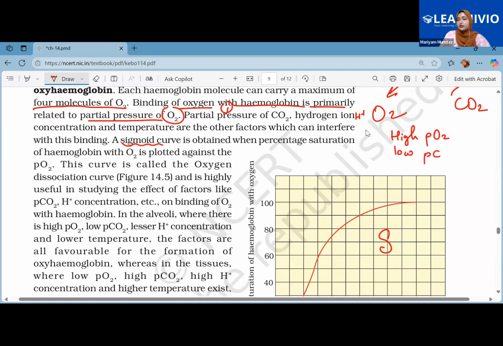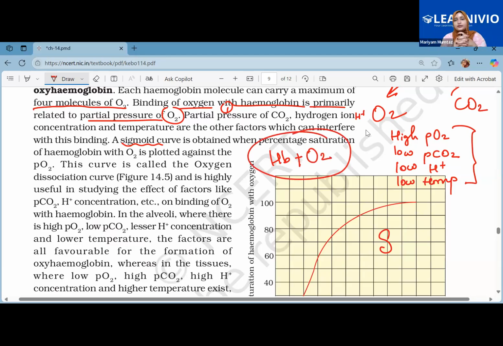Low PCO2, partial pressure of CO2 will be less. Low H plus, hydrogen ion tells us about the pH, right? Also low temperature. Under these 4 conditions, the hemoglobin will bind with O2.